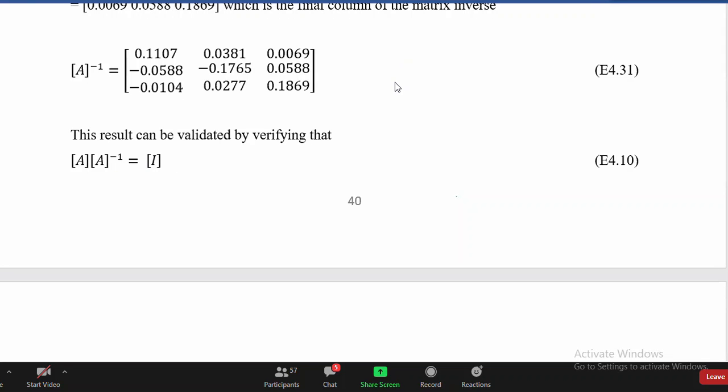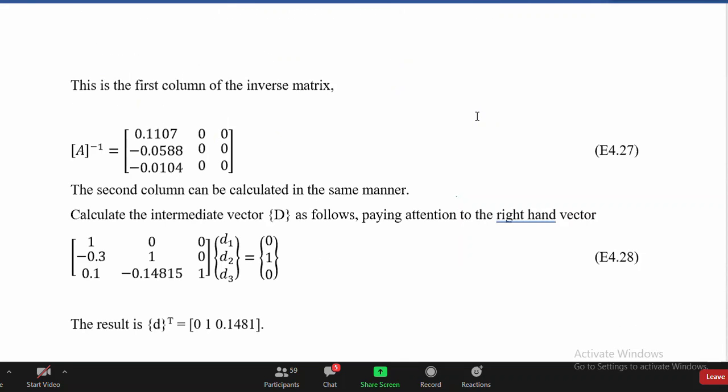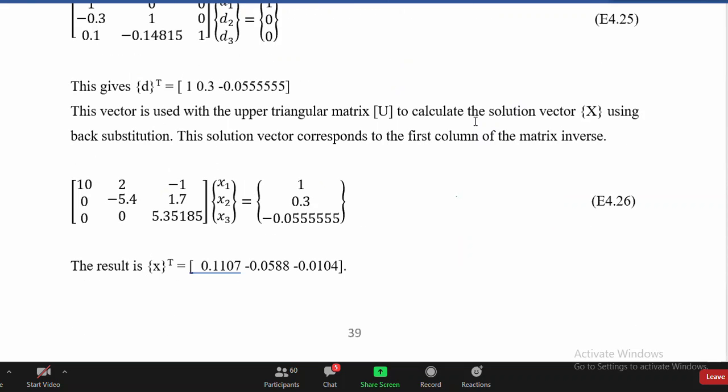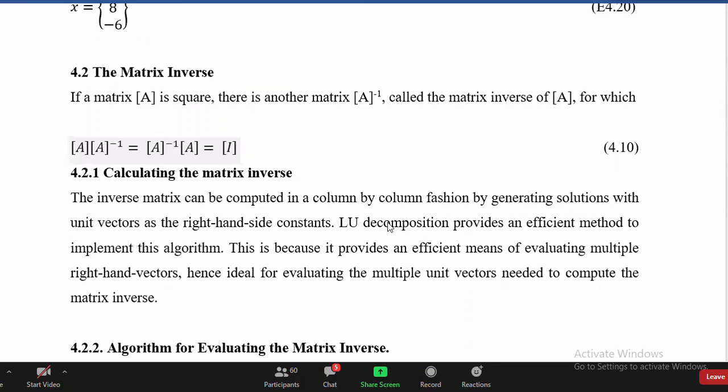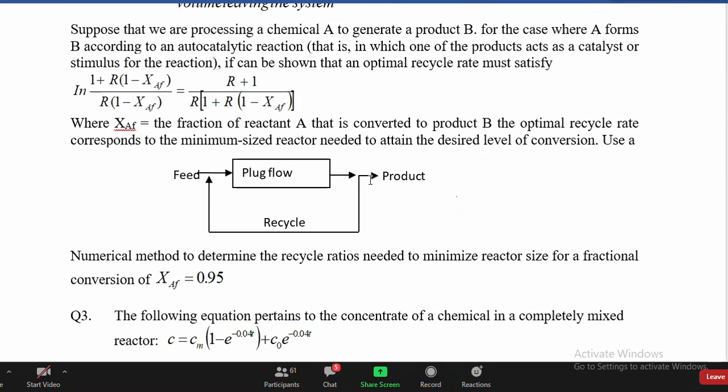So that is just all about matrix inverse using LU. Very, very important. Just go ahead and read it again and see what you can make out of it. You will enjoy it. All right, so these are some exercises you want to do.